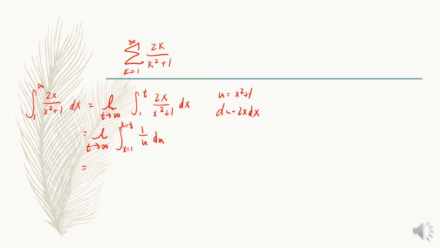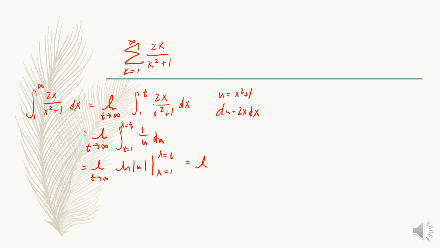And the antiderivative of 1 over u is the natural log. So now I have the limit as t approaches infinity of the natural log of u from x equals 1 to x equals t.